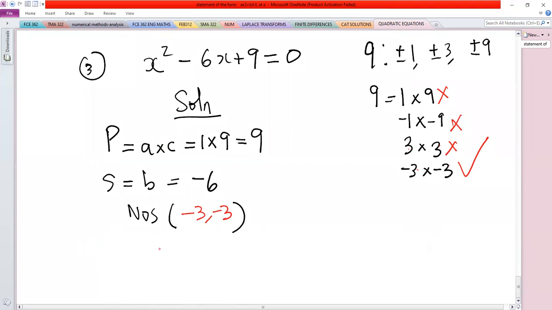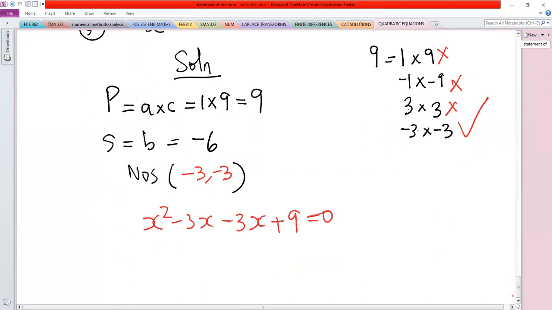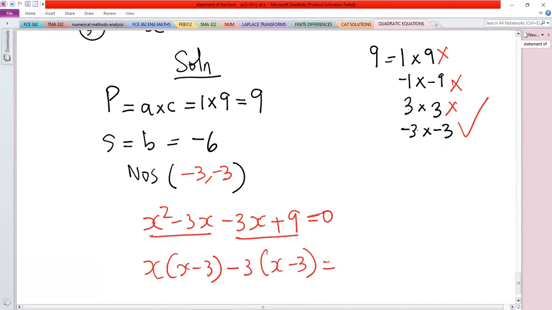So we rewrite this quadratic as x squared minus 3x minus 3x plus 9 equals 0. So do the pairing. Common here is x minus 3 into x minus 3 equals 0.